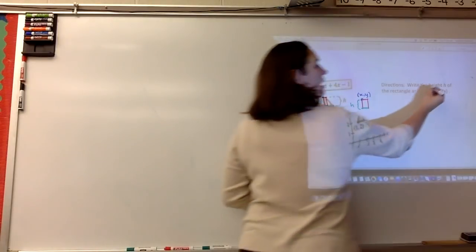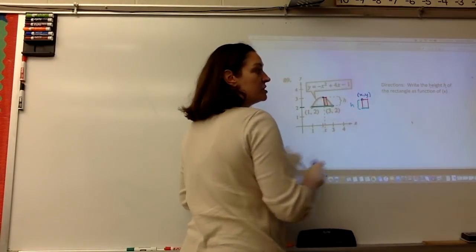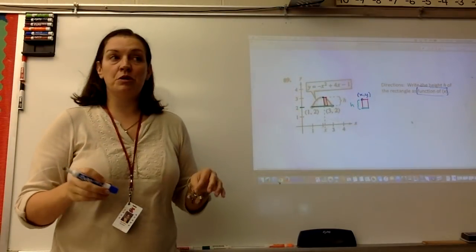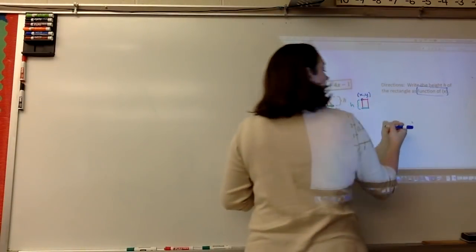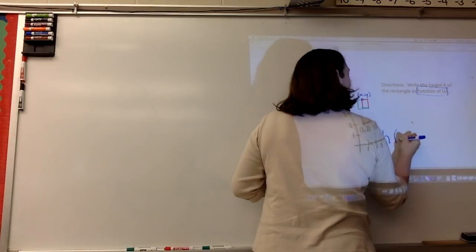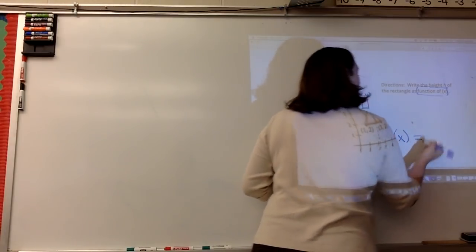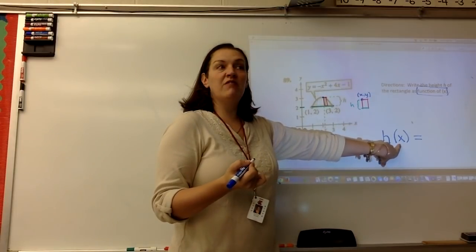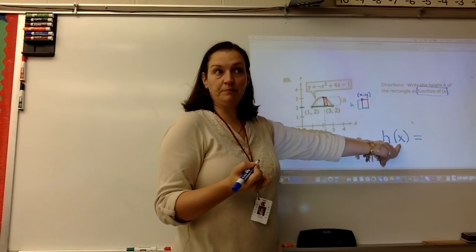We want to write the height as a function of x, okay? So if I translate that into function notation, I want to find the height as a function of x. The name of my function is height. X is going to be the variable that I want for my input.